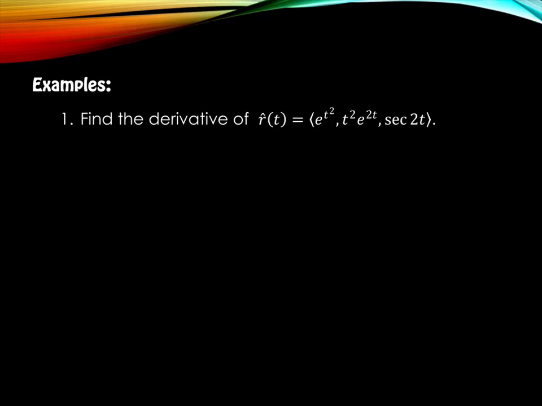So go ahead and find the derivative of r of t here. And then we'll check together. You can write it component-wise the way they've written it, or you can write it with the ijk's in an equation, more of an equation kind of perspective. It doesn't make any difference.